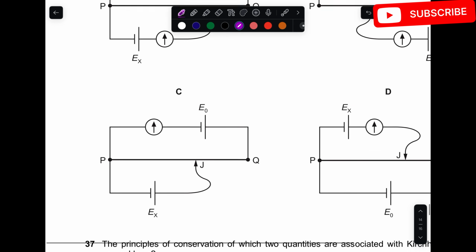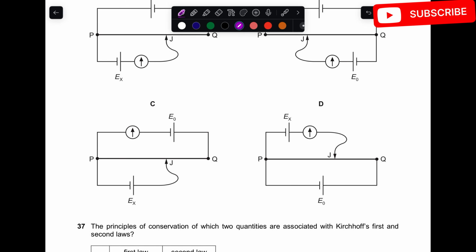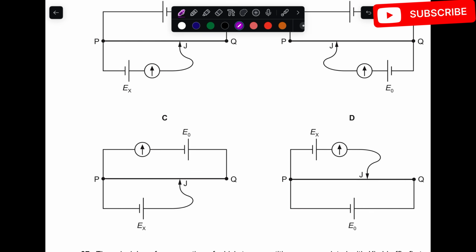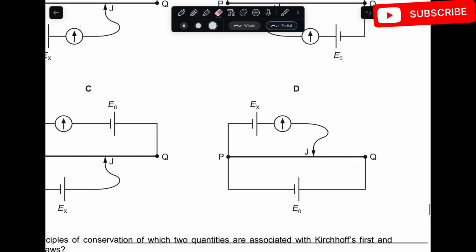In option C, this is attached on the wrong side, because wherever you attach this connection, the current will not change, since this is measuring the current and it is not connected with this connection.